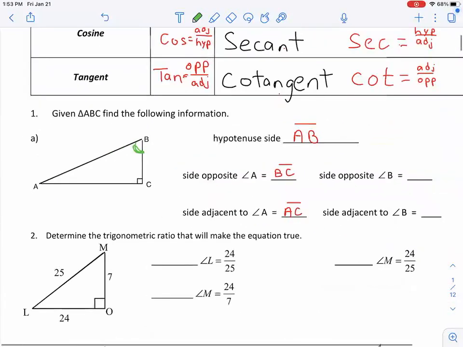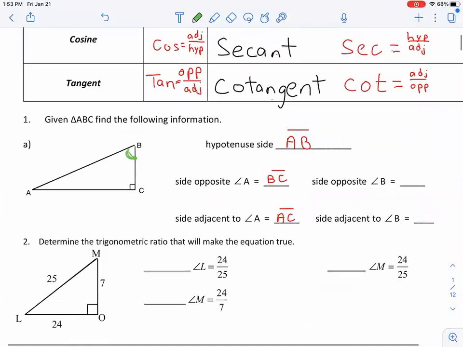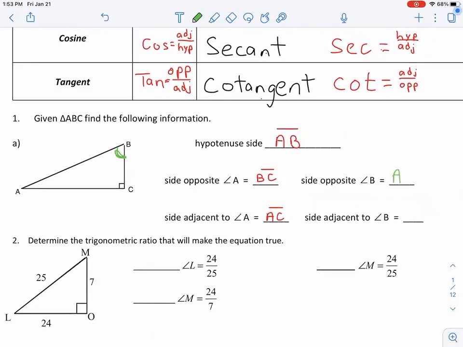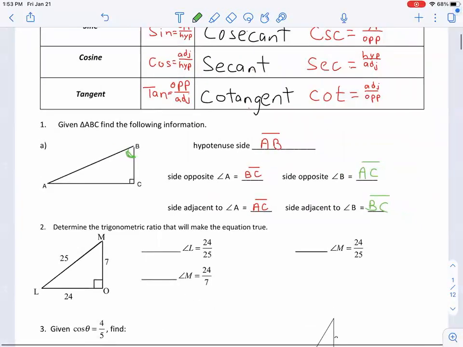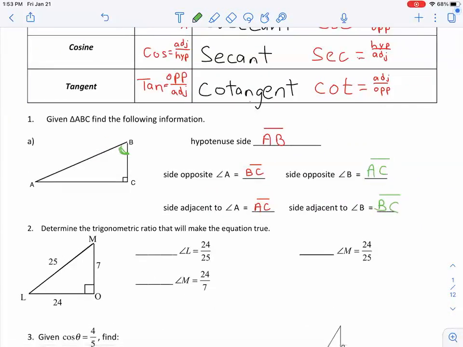So the side opposite angle B is AC, and the side adjacent is BC. All right, any questions yet? Good?